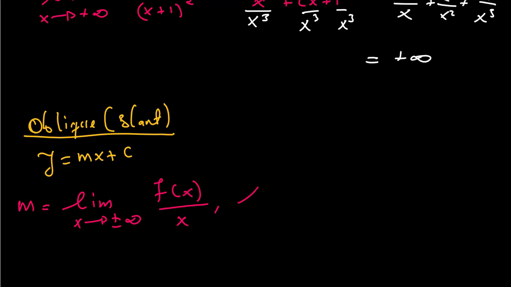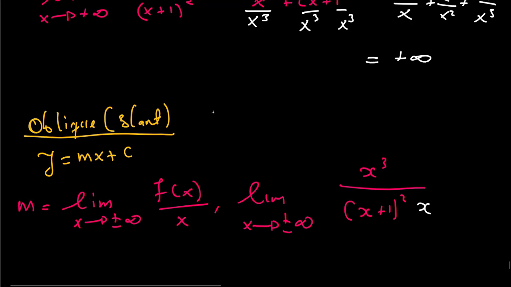So we are going to evaluate the limit as x approaches plus or minus infinity of the function f of x, which is x cubed divided by (x plus 1) all squared, divided by x. Now the degree up is just the same as the degree down, so we compare the highest degree. The highest degree below is x cubed and the highest degree above is x cubed, and if you evaluate this we get 1.